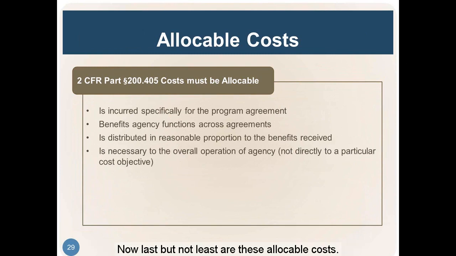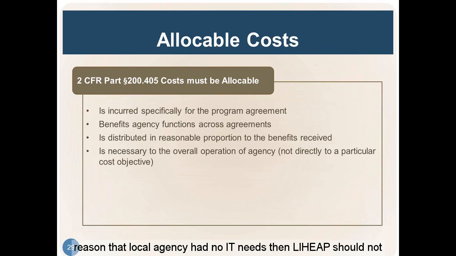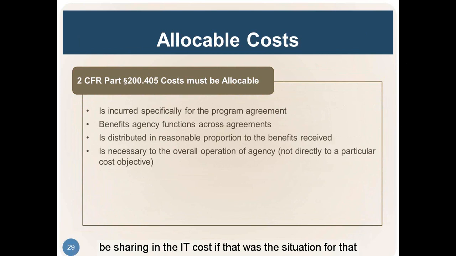So now, last but not least, are these allocable costs? Are they actually costs that are incurred by LIHEAP? I find it hard to believe, but if for some reason that local agency had no IT needs, then LIHEAP should not be sharing in the IT costs.